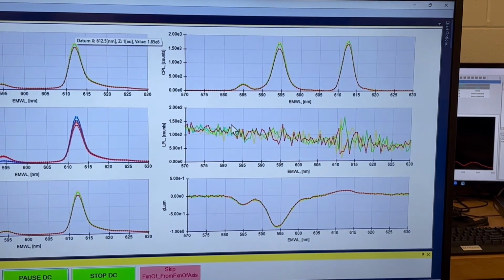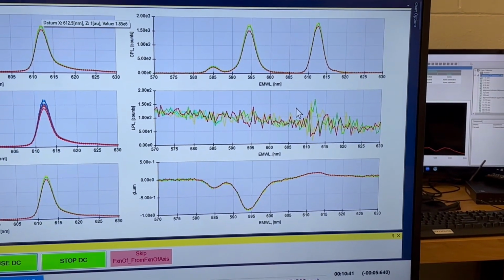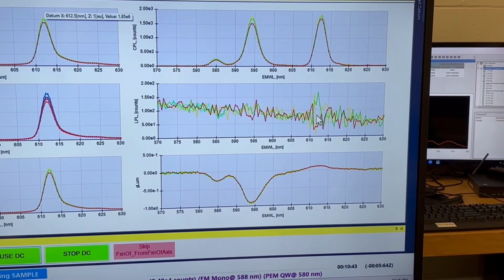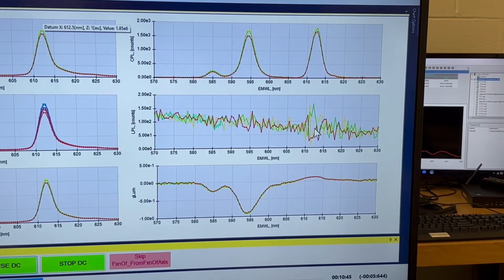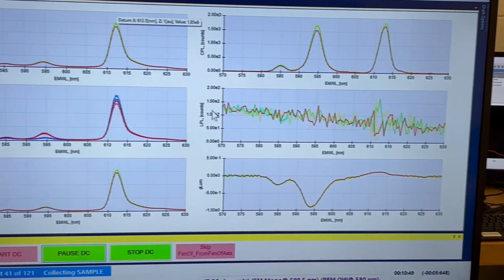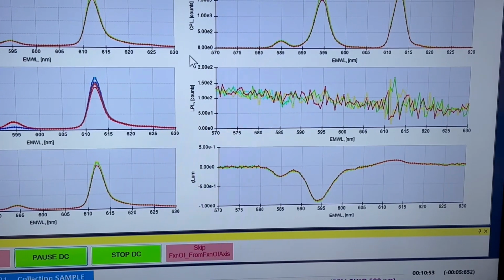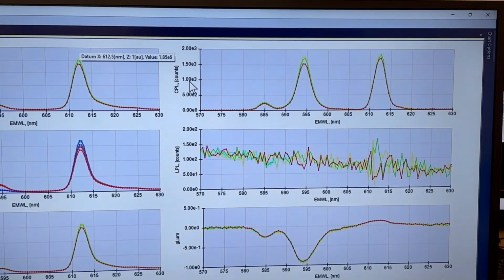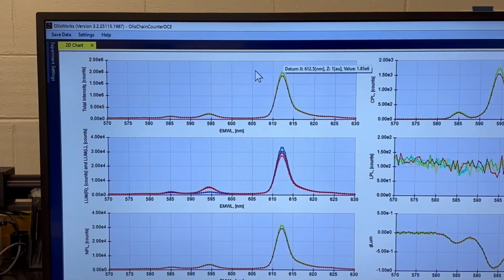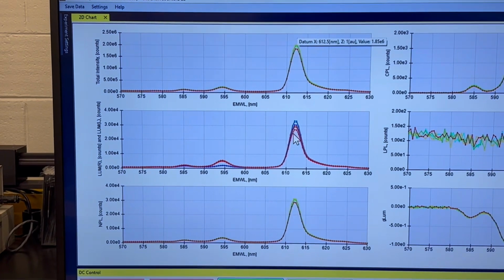Now, the LPL is very low in this sample in any event, and we'd have to do more signal averaging to have that come out, but it's very small. Notice these numbers are down only to 100 or so counts, whereas here we've got 1,000 counts, and here we've got 1,000,000 counts, so it's a very small contribution.